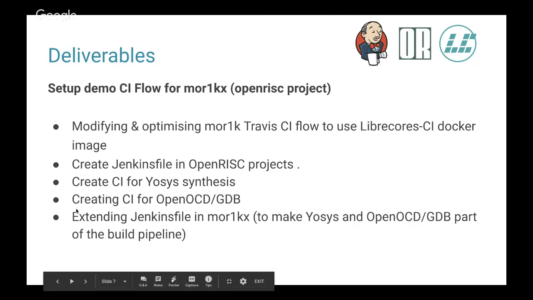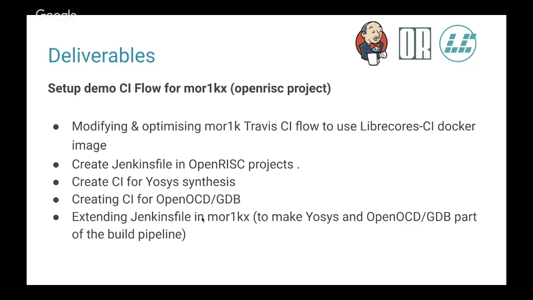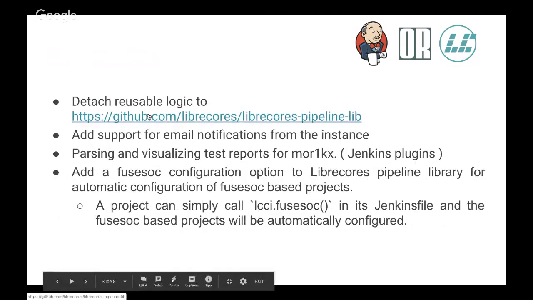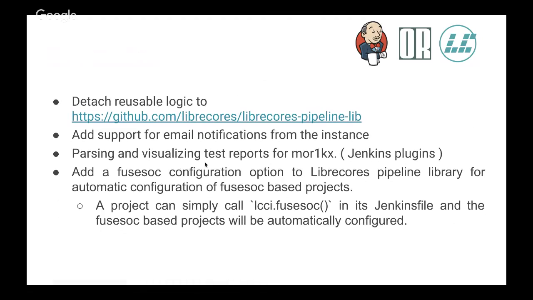Then next was creating CI for OpenOCD GDB, which is used for debugging. Then extending the Jenkinsfile in OpenRISC projects to make Yosys and OpenOCD a part of the build pipeline. Then we wanted to detach the reusable logic to our pipeline library of LibreCores. We wanted to add support for email notifications.